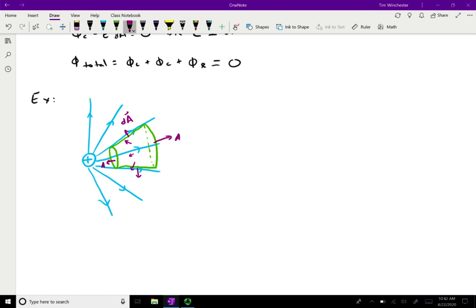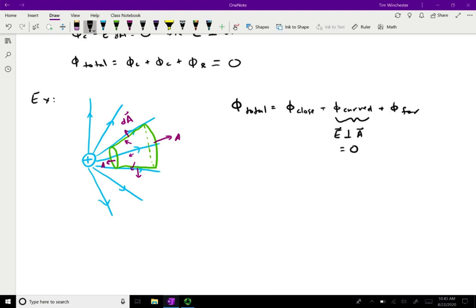Again, the total flux is going to be the flux from the close side plus the flux from the curved side plus the flux through the far side. And notice that I picked this shape because for the curved side, I can immediately see that E is perpendicular to A, and so this equals 0. So the total flux is just the flux through the other two sides.